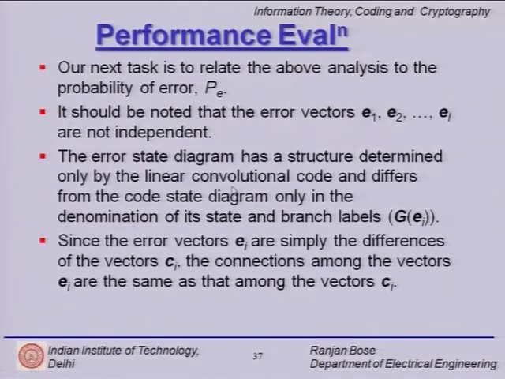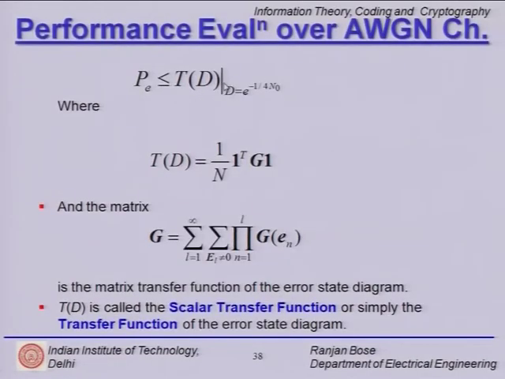We would like to finally get to this P_E, the probability of error, and if you do this, you can write it in terms of that modified state diagram T(D), where D is as earlier e raised to power minus 1 over 4 N naught.